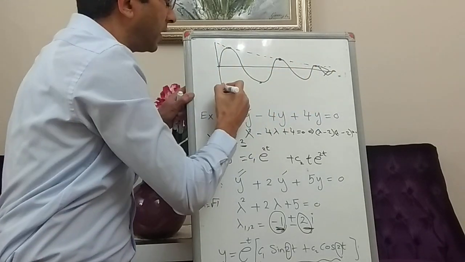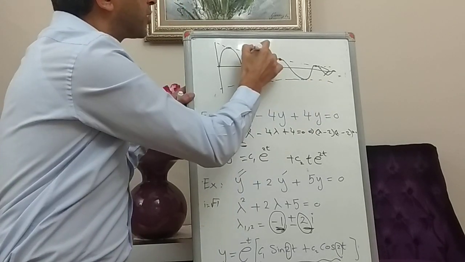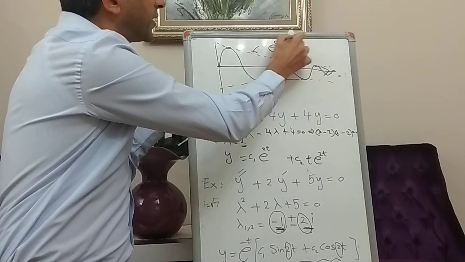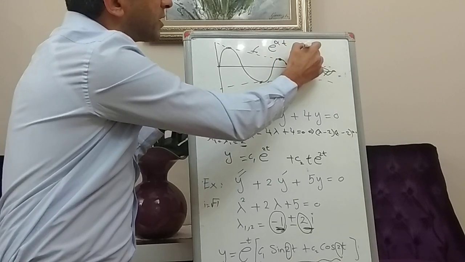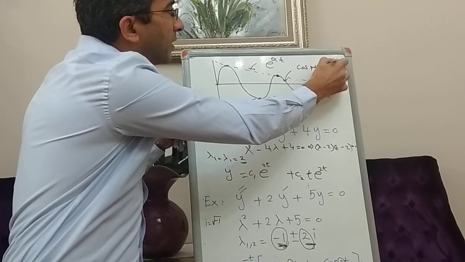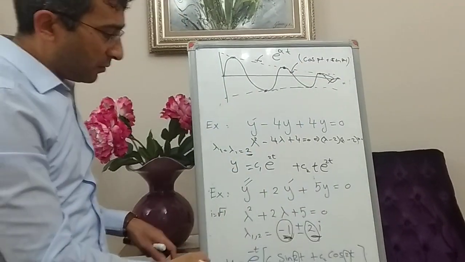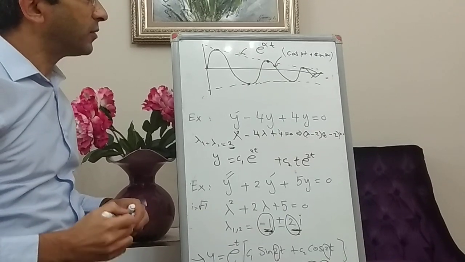Of course, it will stop at the end because there is damping. So this function is your exponential function e to the alpha t, and this function is the combination of sine beta t plus cosine beta t. So this is what you actually have in that.